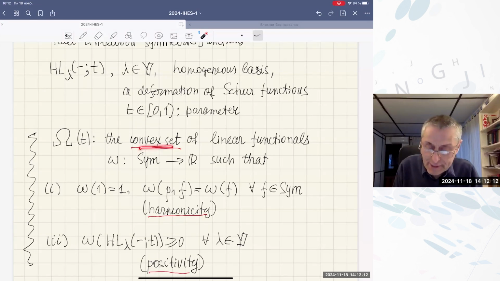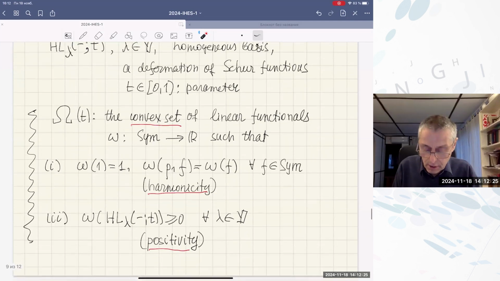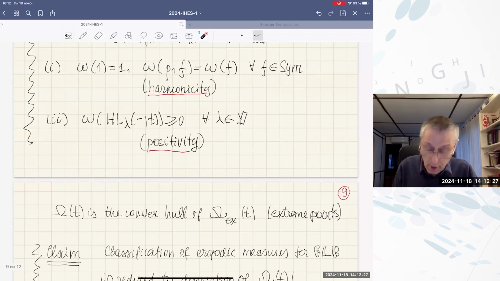And this is a convex set. One can speak about its extreme points, and we are mainly interested in the extreme points. And the whole set is the convex hull of the extreme points.